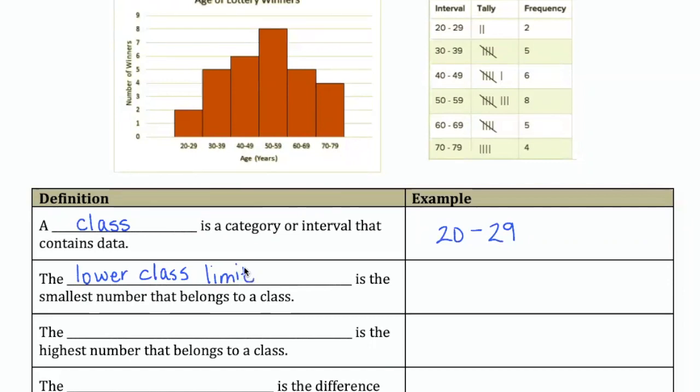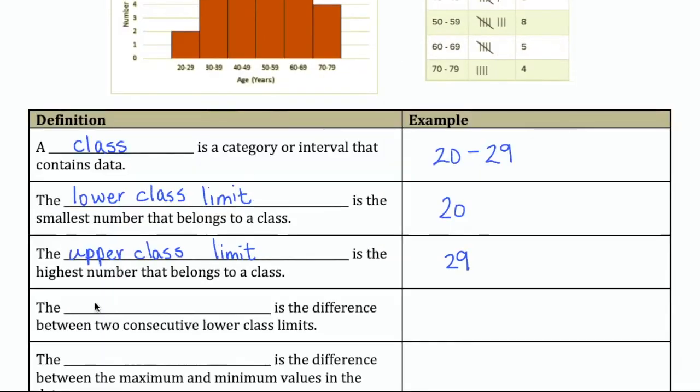So if we're talking about this class, 20 to 29, we call the 20 the lower class limit, the smallest number in that class. And similarly, the upper class limit is the highest number that belongs to a class. In this example, 29 is the highest piece of data we would find in this class.